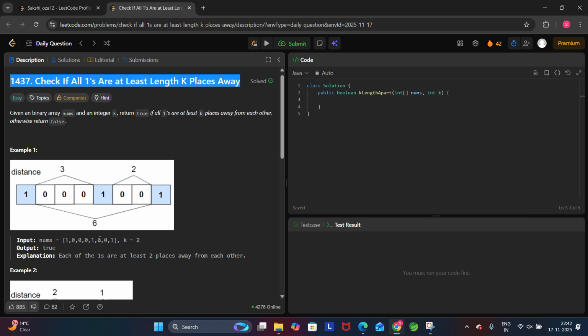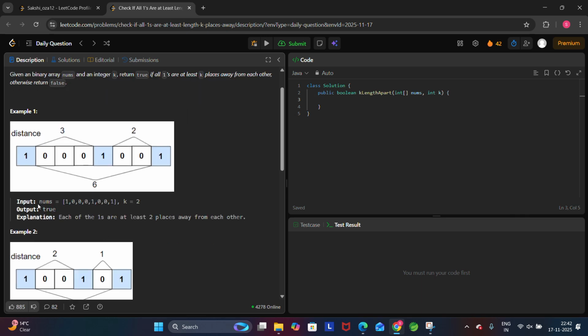So let us understand this with an example. Here we are given a nums array which is 1 0 0 0 1 0 0 1 with k equals to 2. So notice that every one is separated from the next by at least two zeros, right?